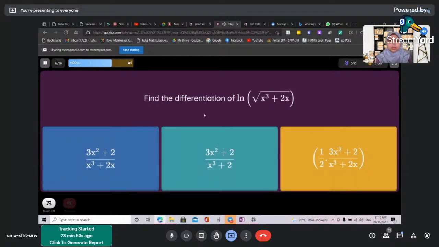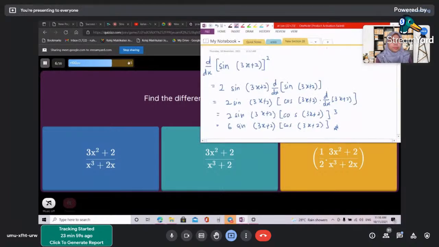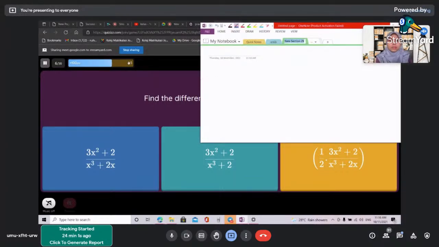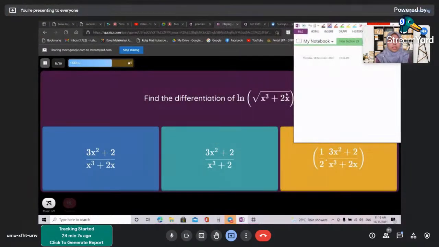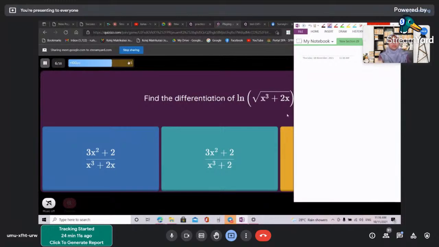Okay, so here you have ln. What is the first thing you have to do if you have this function? The power. What we need to do with the power?